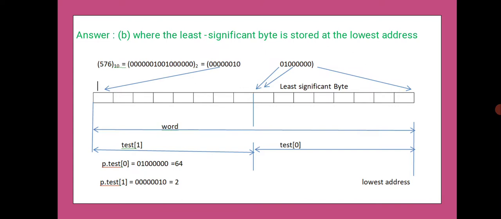The whole word can be segregated into test[1] and test[0]. p.test[0] is the least significant byte, 01000000, that is 64. And the left one is p.test[1], that is 10 in binary, which is equivalent to 2.